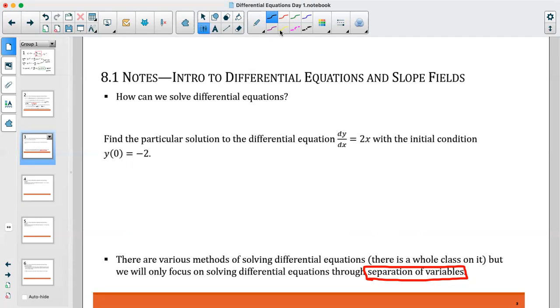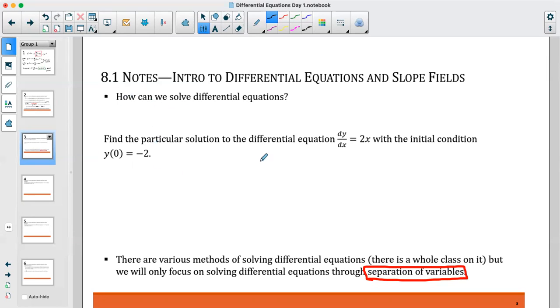And the ones that are really interesting, that describe real things in great detail, are unsolvable using any kind of math that anyone's aware of. So we're going to focus on just this one very specific class, but that's good for you because it means that you only have to know how to do this one thing. Anytime anybody says solve a differential equation, you can know that you're supposed to use separation of variables.